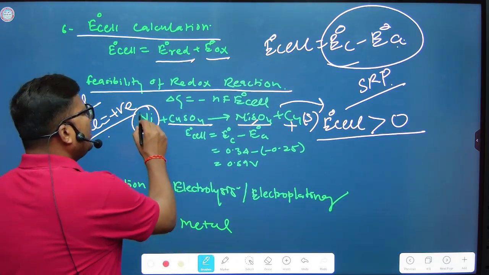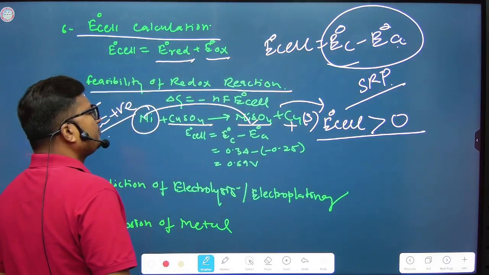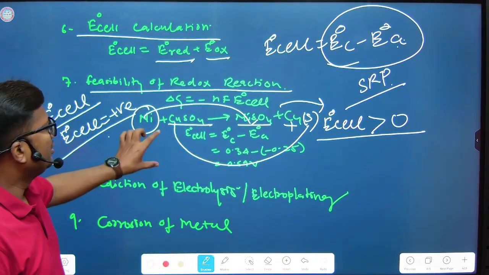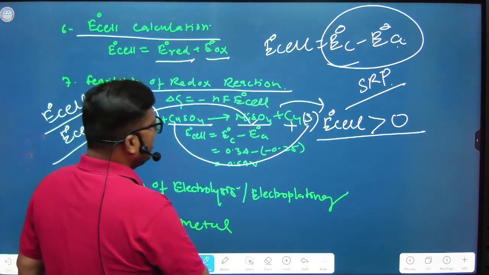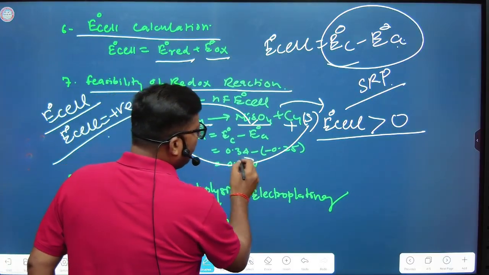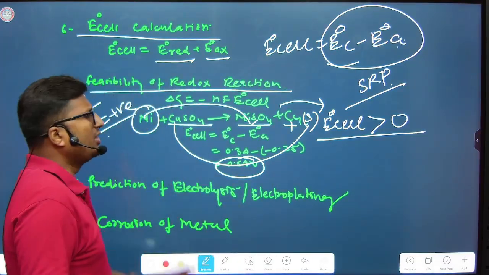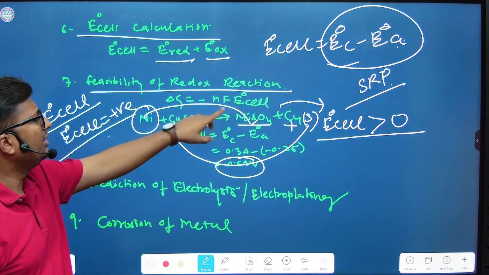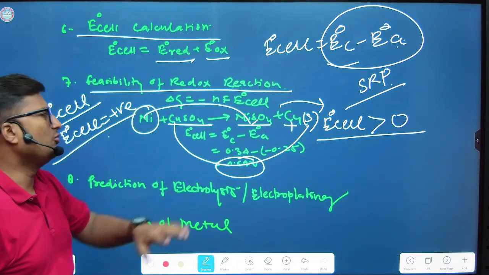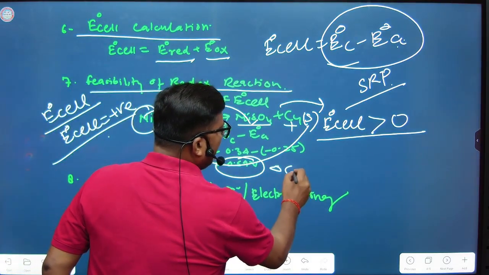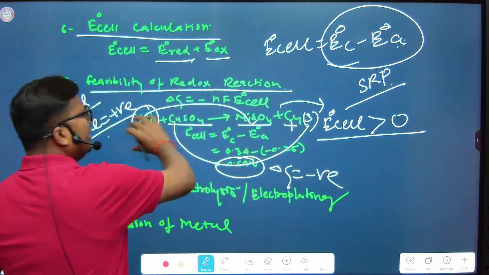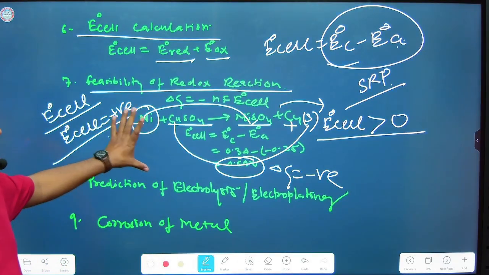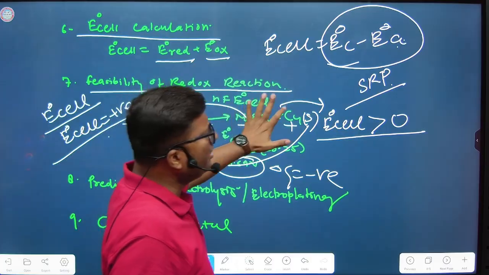So here nickel is oxidized to nickel sulfate and copper sulfate is getting reduced to copper. So the resultant standard cell potential is 0.59 volt. So it is a positive quantity. Ultimately, if you put this value here for the cell, then you will get delta G as a negative quantity, right? So this confirms that this cell reaction is thermodynamically favorable and feasible, and there may be chances of formation of the products like nickel sulfate and copper.